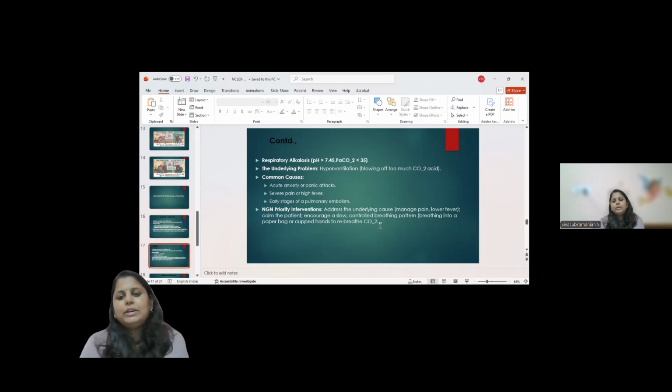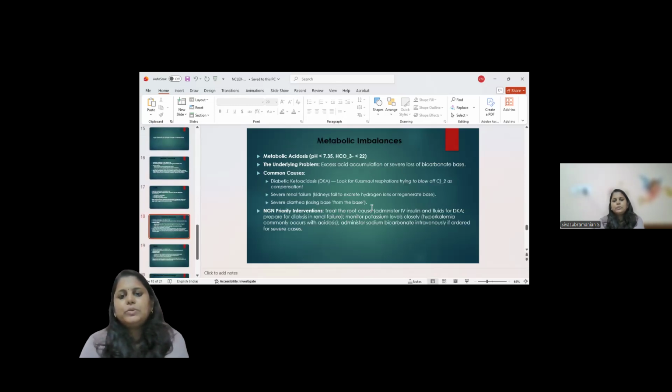We can instruct the patient to breathe into a paper bag, or sometimes cupped hands, to rebreathe CO2. These are the interventions to think of when it comes to respiratory alkalosis. I hope you understood. Next, let's move on to the metabolic imbalances.